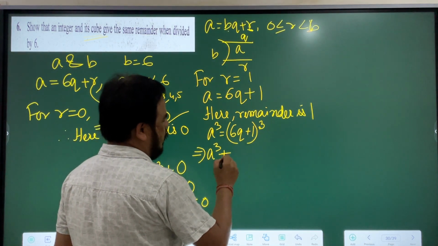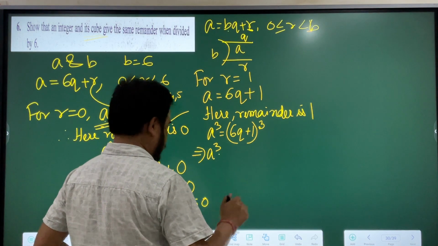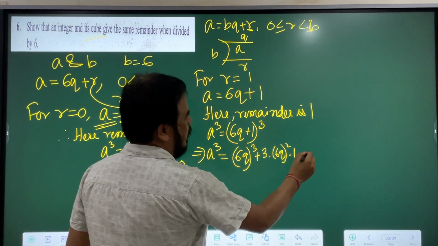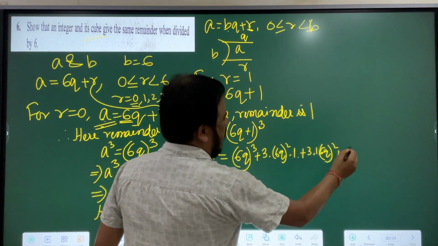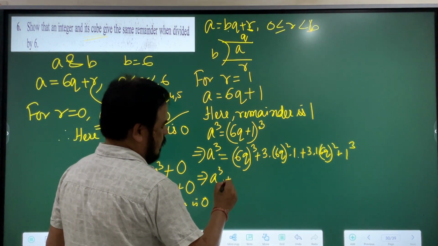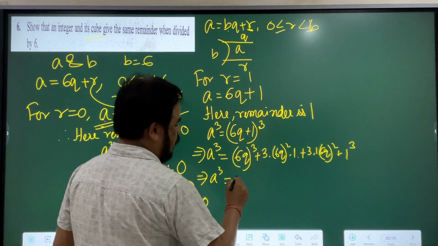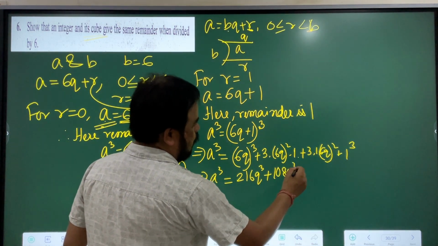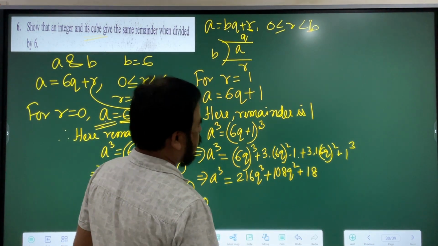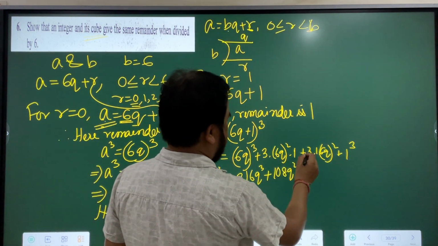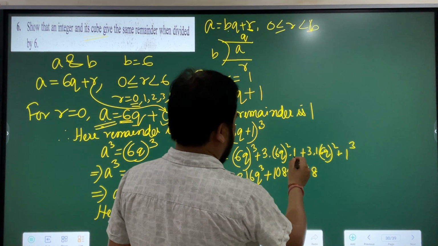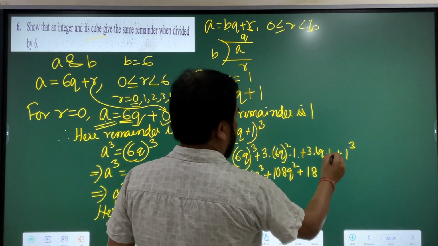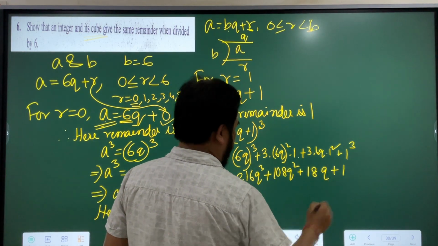Using the expansion a cube plus 3a square b plus 3a b square plus b cube, A cube is equal to 216Q cube plus 3 into 36, that is 108Q square, plus 3 into 6, that is 18Q, plus 1.